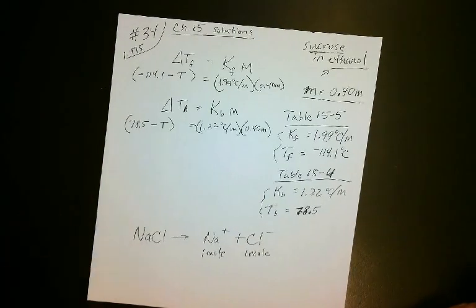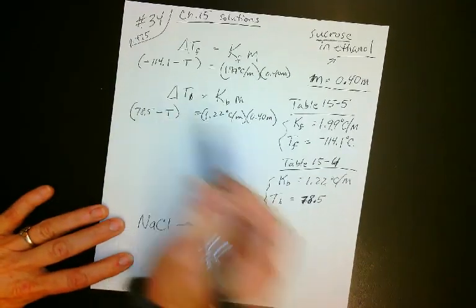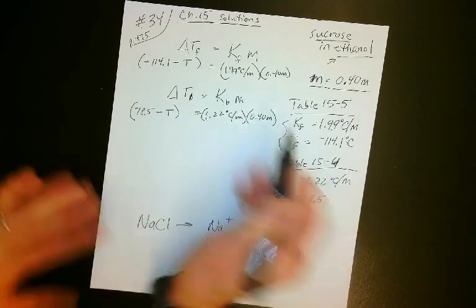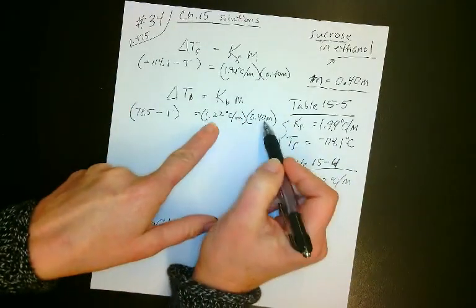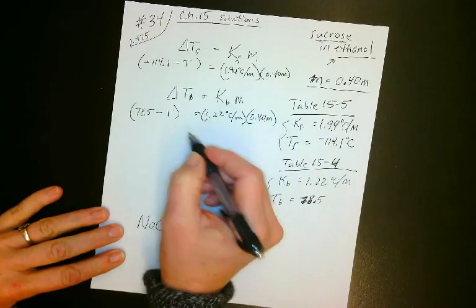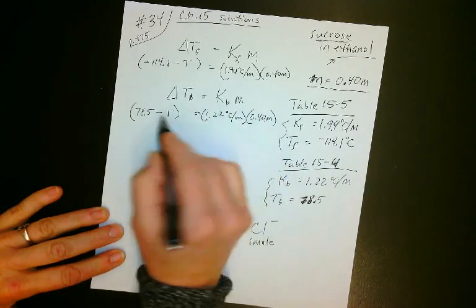Okay, and then it's up to you to do the math. So to make this simple, we could say that the change of this is going to equal that. So you can actually do this mathematically and then just take that number and subtract it from this one.